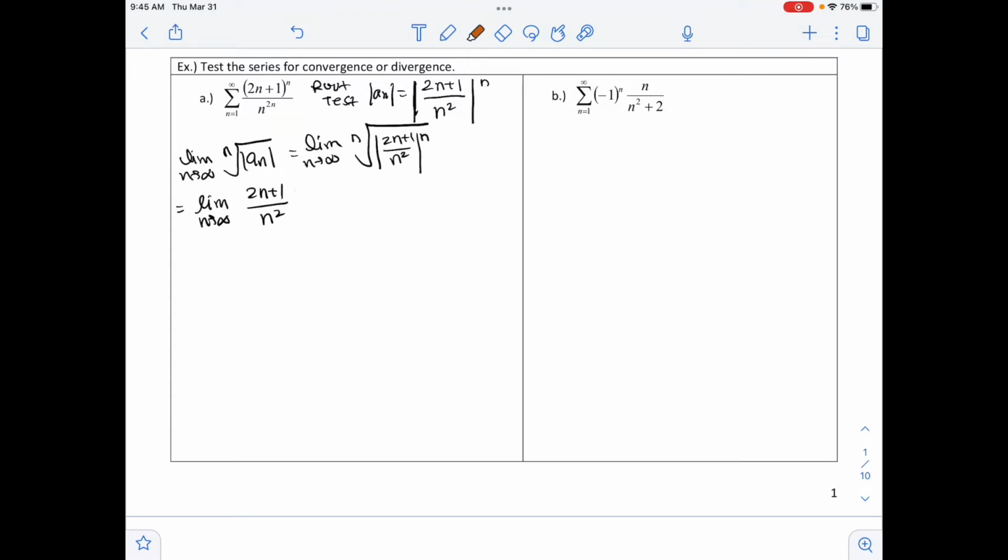Evaluating this limit, we get infinity over infinity, which is indeterminate. So I'm going to multiply both the top and the bottom by 1 over n to the second, which is that degree in the denominator.